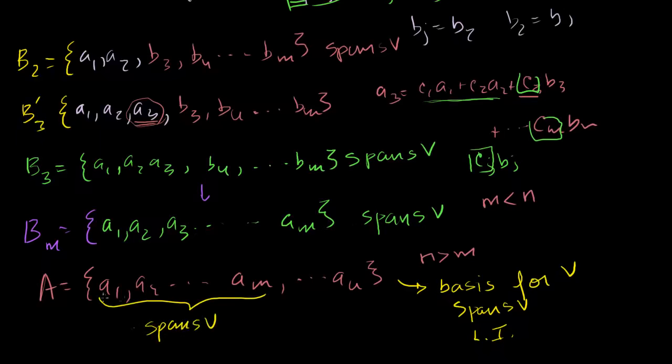But if this subset of A spans V, then A becomes linearly dependent, because if this subset spans V, that means that AN can be represented as some linear combination of these guys, which implies that you're linearly dependent, which is a contradiction with our original statement that set A is a basis for V, because that means that it's linearly independent.